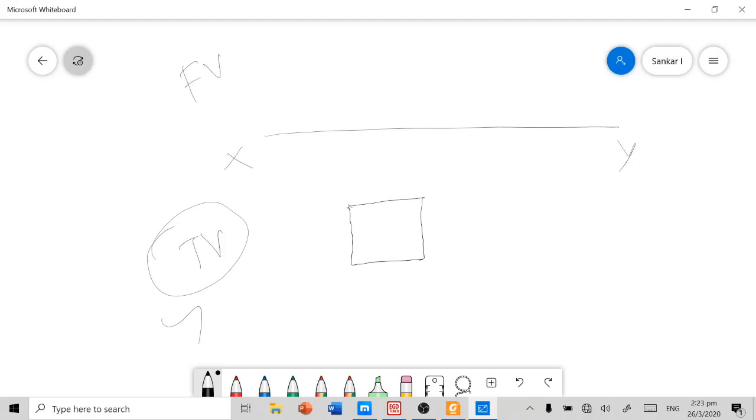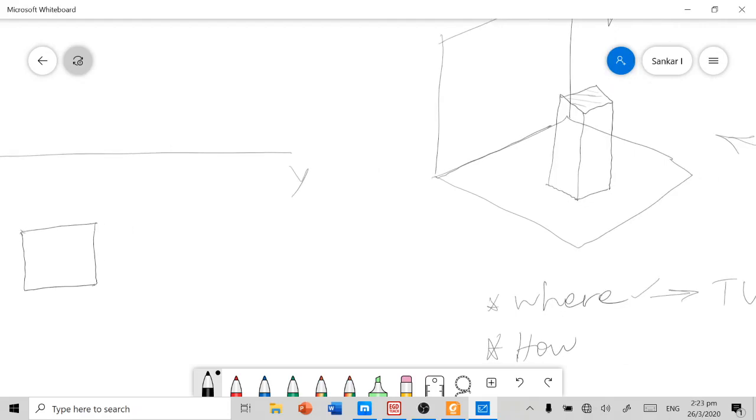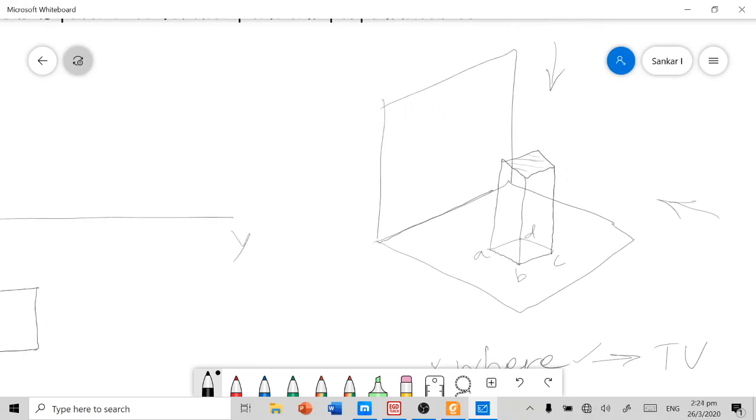And as I already told in the last class, each and every corner of the solid should be named with alphabets. Here the bottom corners can be named A, B, C and D, and the top corners may be named with the numerals 1, 2, 3, 4.